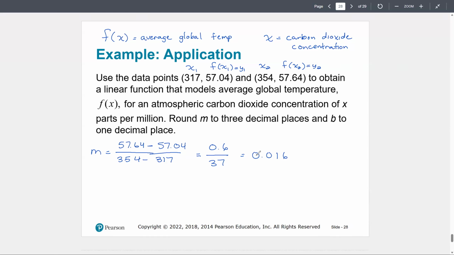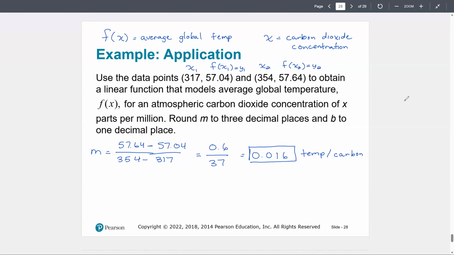We have 3 decimals, 0.016 is what we should have. So that's average global temperature per increase in carbon dioxide. We'll say it like that for right now.